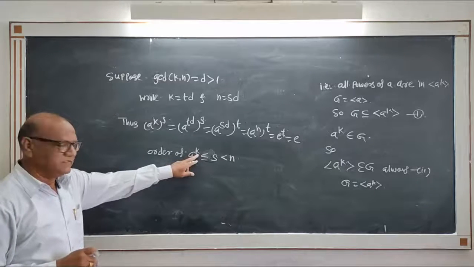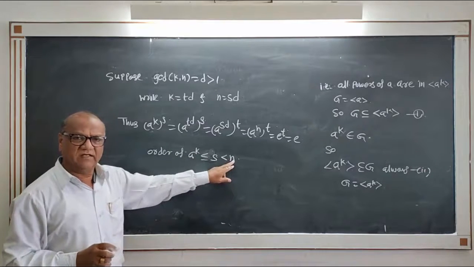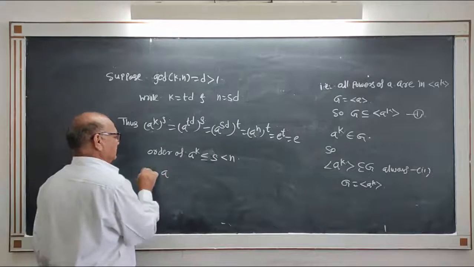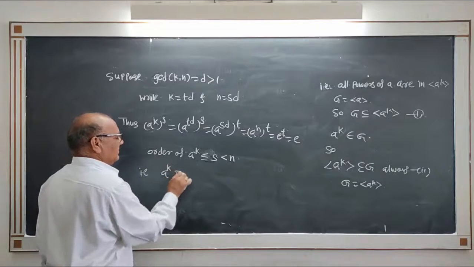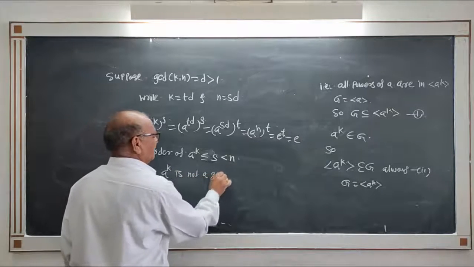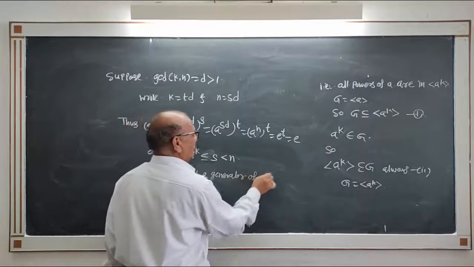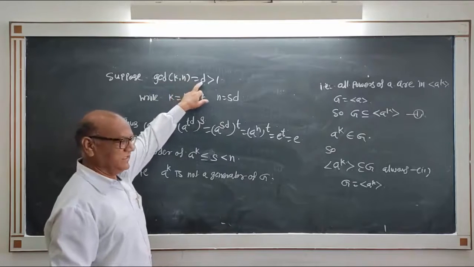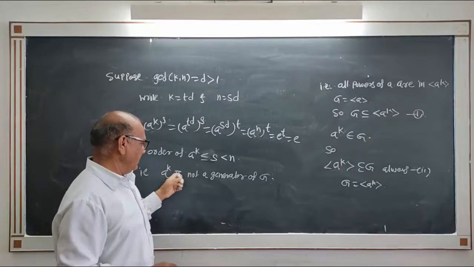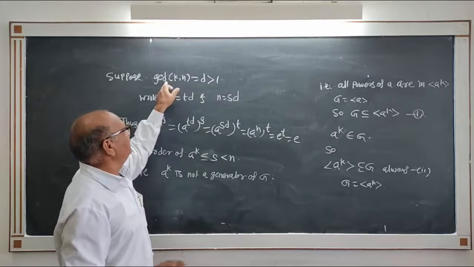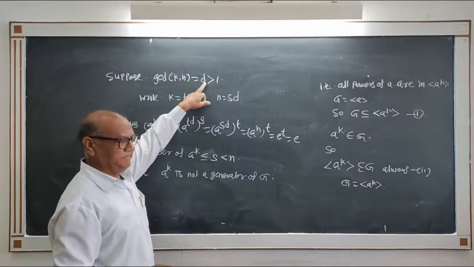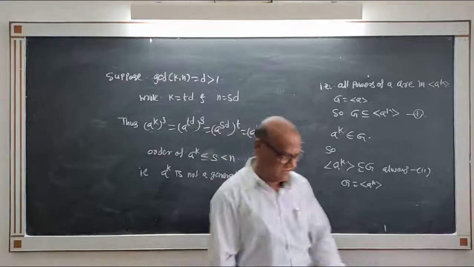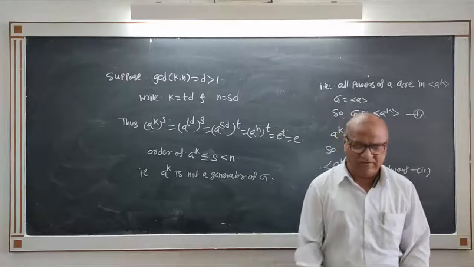That means the order of a raised to k is less than n, so a raised to k is not a generator of G. If GCD of k and n is d, with d greater than 1, then a raised to k is not a generator. If GCD of k and n is equal to 1, then a raised to k is a generator of G.